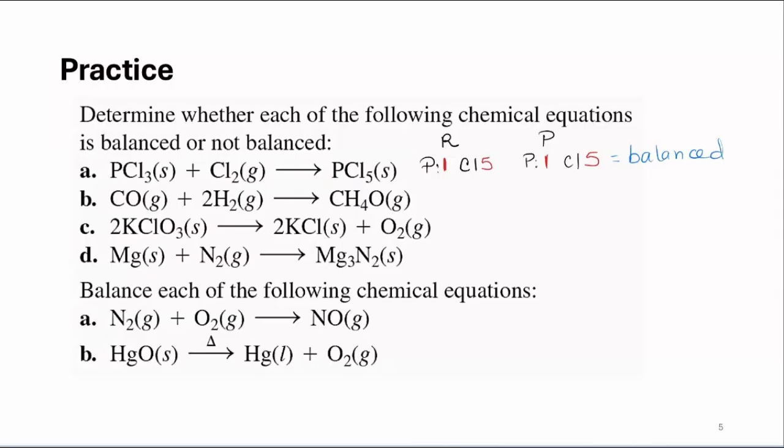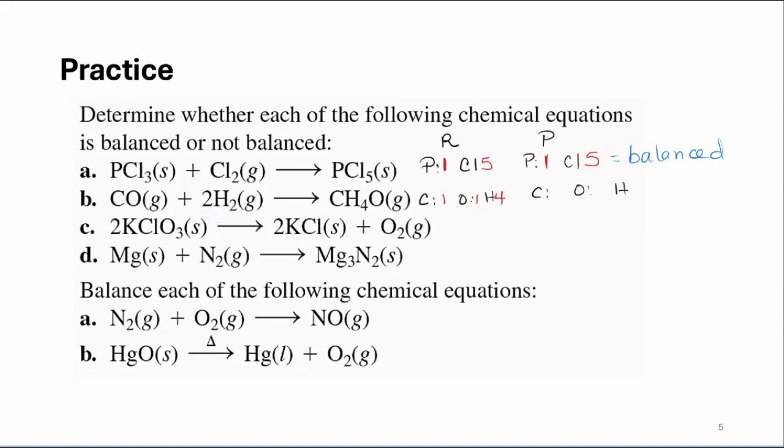Let's look at letter B. In letter B, my reactants are going to have carbon, oxygen, and hydrogen. Those same atoms need to be in the product: carbon, oxygen, and hydrogen. In the reactants, I can see that I have 1 carbon, 1 oxygen, and I have 2 times 2, 4 hydrogens.